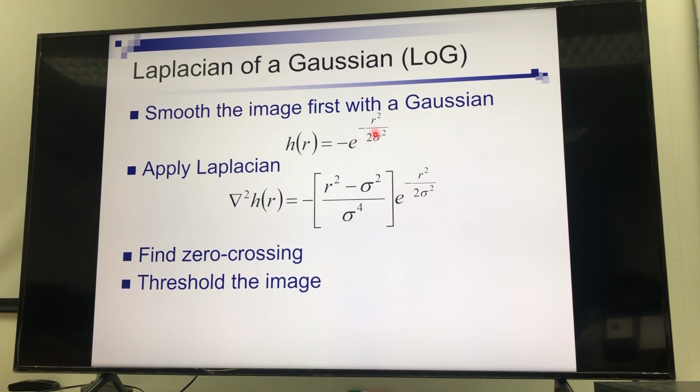You pass through the Gaussian and then you take the second derivative of the Gaussian. So this is the equation for the Laplacian of Gaussian. Since it's the second derivative, we usually follow it by zero crossing, and then followed by the threshold.